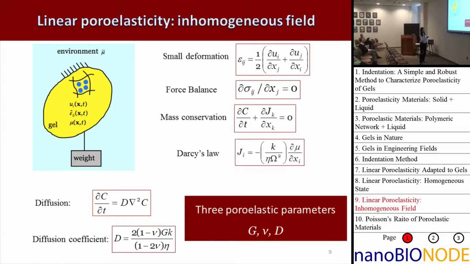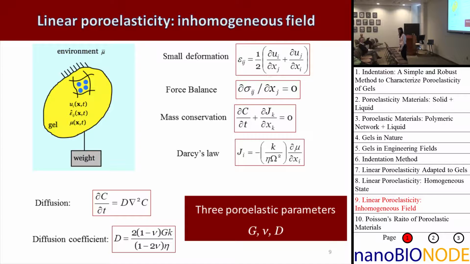You can see here, if we derive this mass conservation in terms of solvent concentration C, it's just a simple diffusion equation. You can put a parameter D here. It's a phenomenological parameter. We don't give any kinetic model. But if you talk about Darcy's law, you already imply a kinetic model.